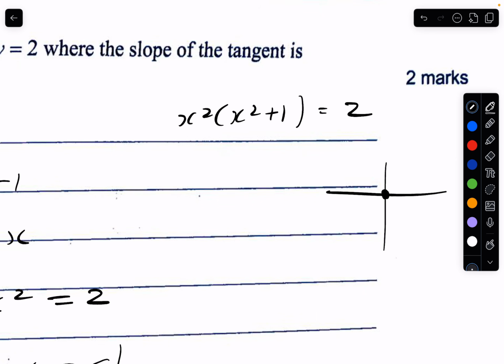So if we're solving it, this graph is equal to 2. You've got here, and this doesn't have any x-intercept. So that's the only x-intercept of this graph. And so we've got a graph just looking like that. So these two solutions.